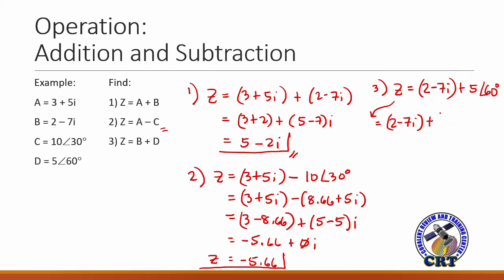And this is equivalent to 2.5 plus 4.33i. So therefore, I will add directly the real part and the imaginary part. This is 2 plus 2.5, we have 4.5, and negative 7 plus 4.33 for the imaginary. So this is equivalent to negative 2.67i.